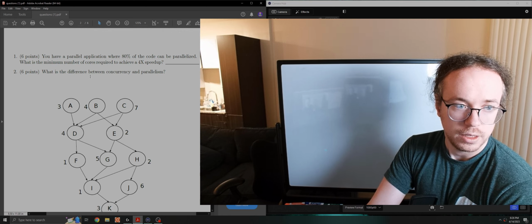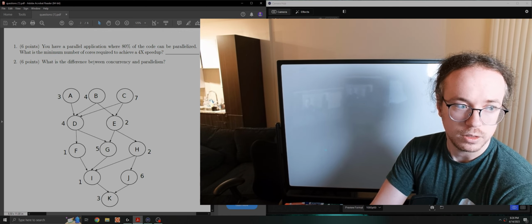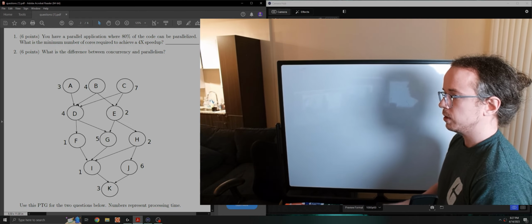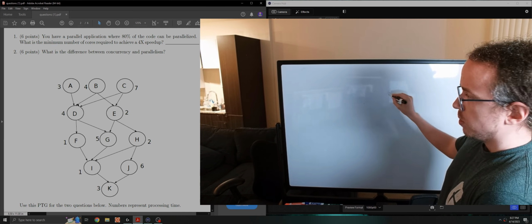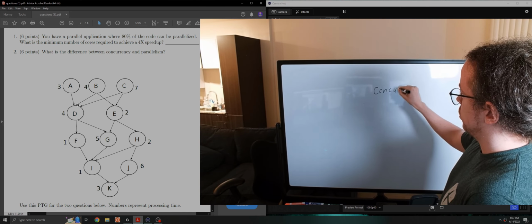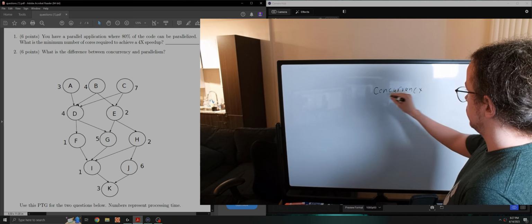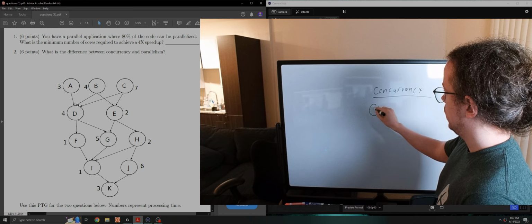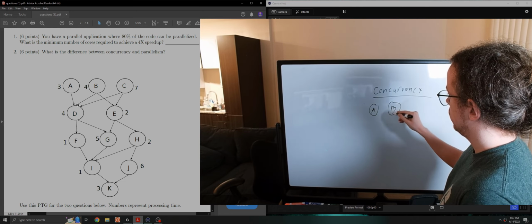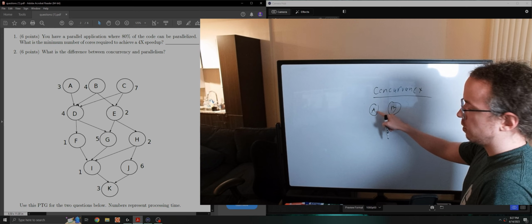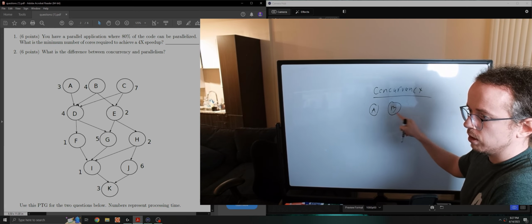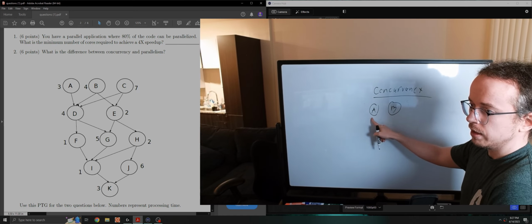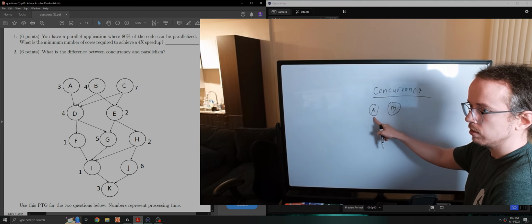So now let's look at the difference between concurrency and parallelism. We accepted a wide range of answers here. There's a formal definition in your slide. But generally, concurrency just has to do with correctness and order. So if you have 2 tasks that are concurrent, it means you can start A, stop A, come over to B, start B, stop B, come back to A, and A will still be correct, okay?